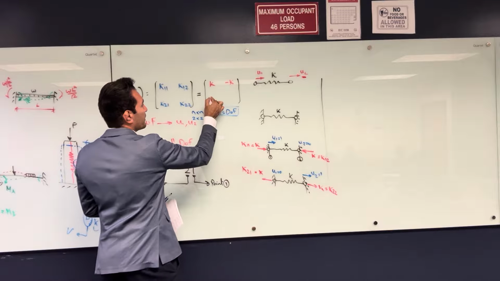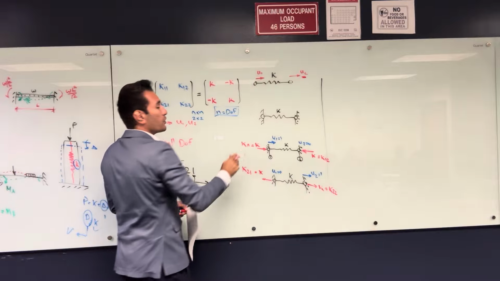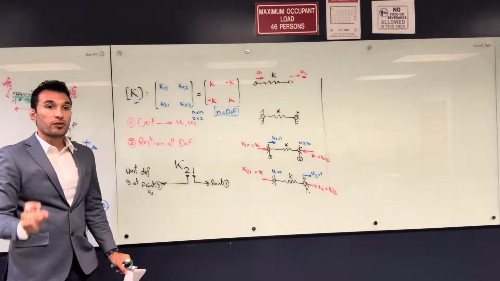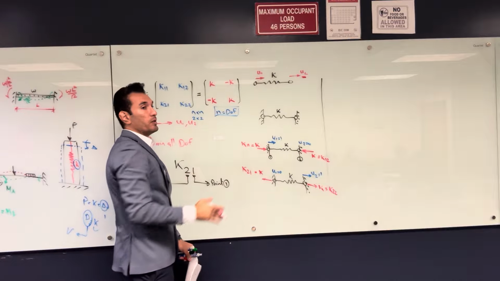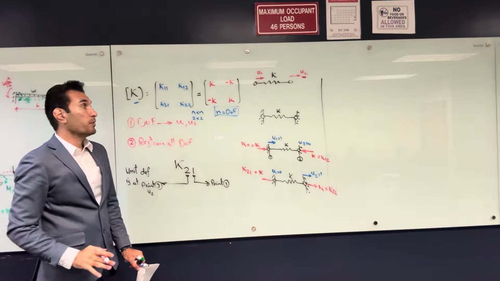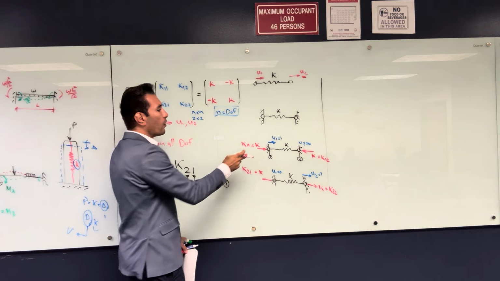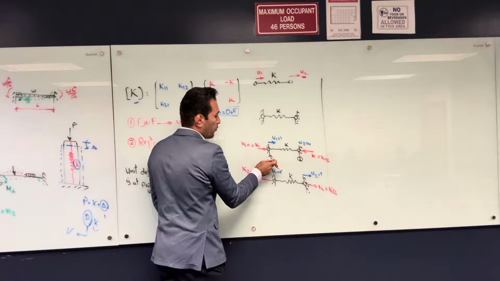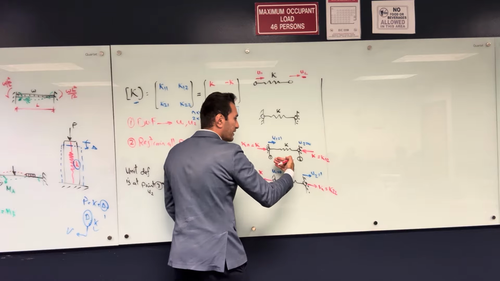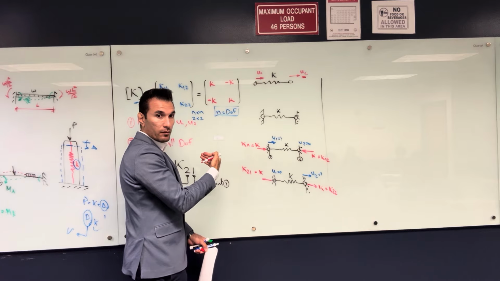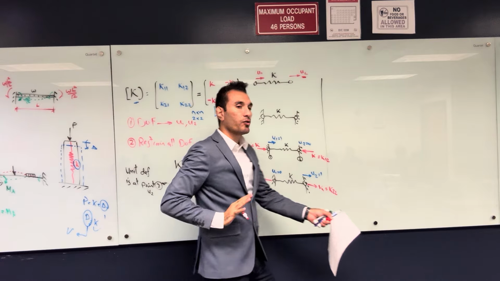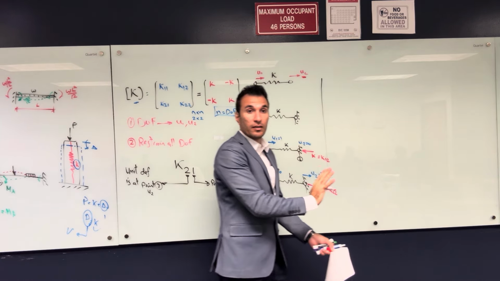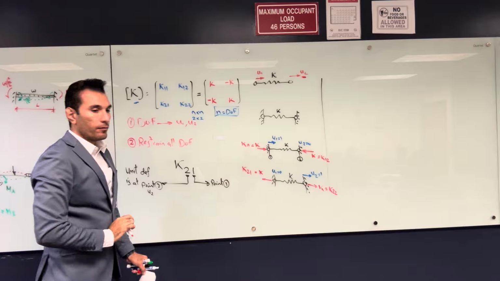Negative K. So this is going to be negative K, K. Usually in the stiffness matrix of any member, the diagonal is always positive, because there's no way that you are going to assume this point moves U1 and the force that makes U1 is in the opposite direction. If U1 is that way, you need to apply force in the same direction of the displacement.